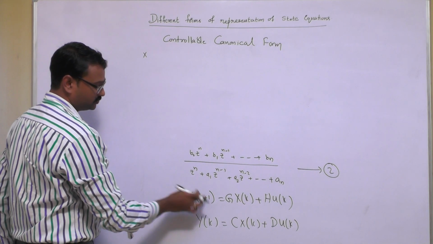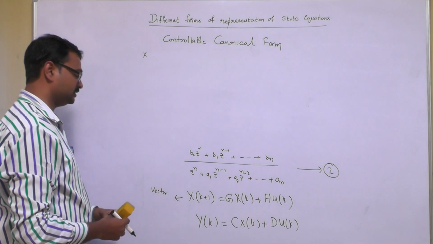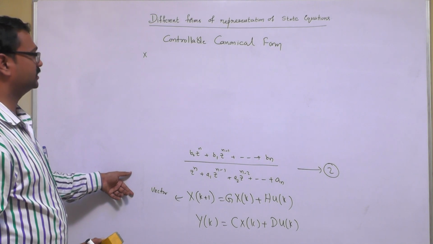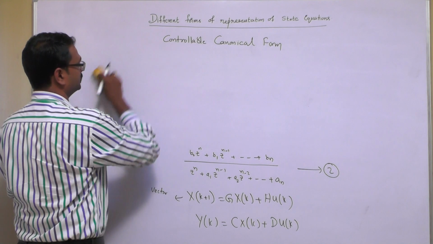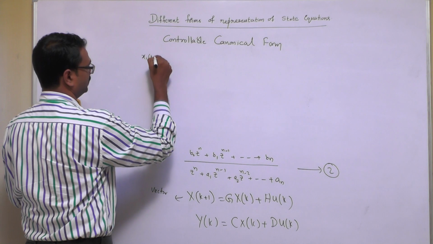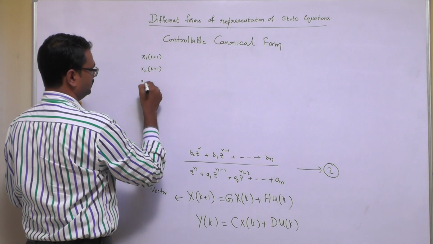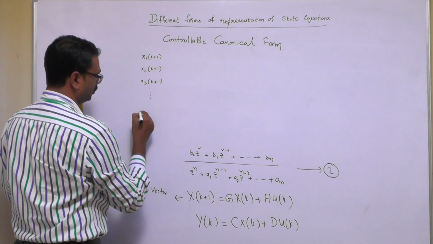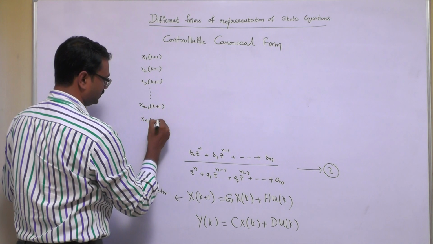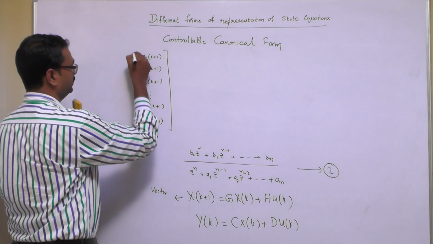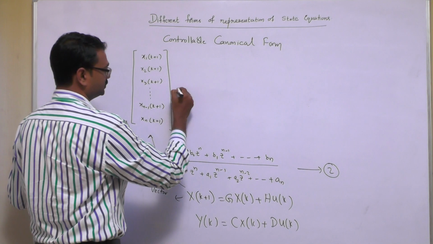So x of k plus 1 is a vector, an n by 1 vector of n variables: x1 k plus 1, x2 k plus 1, x3 k plus 1, so on, xn minus 1 k plus 1 and xn k plus 1. So this is our left hand side, x of k plus 1.